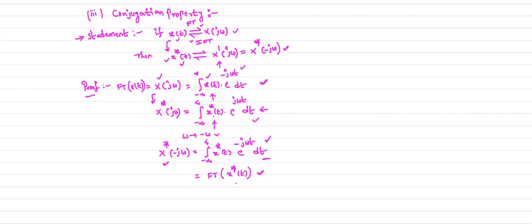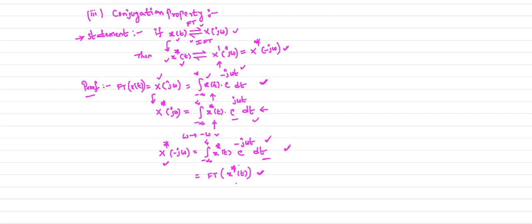In the standard form, in the place of x of t, we have x conjugate of t as signal. But in the case of e power minus j omega t, we have e power j omega t. So to represent this equation in terms of the standard equation, I just replace omega by minus omega on both sides, so that I will get this equation.